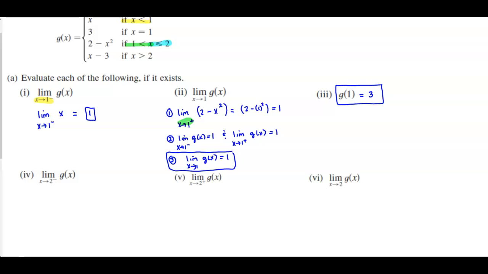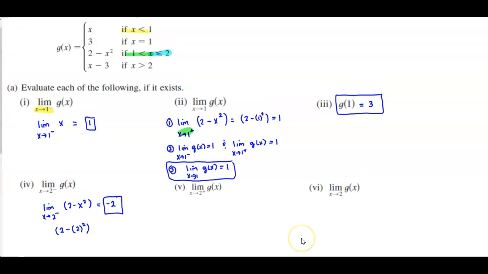Using 2 minus x squared, this becomes the limit as x approaches 2 from the left of 2 minus x squared, which means we evaluate 2 minus 2 squared. That is 2 minus 4, which is equal to negative 2. So the limit as x is approaching 2 from the left of g of x is going to equal -2.